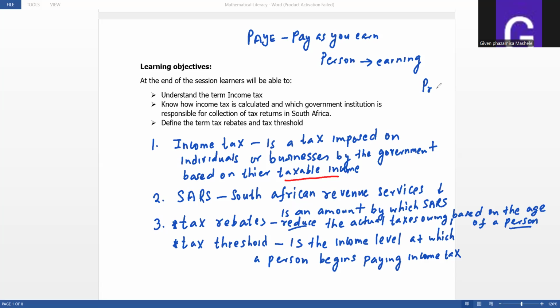It's called a primary rebate. We have a primary rebate, secondary rebate, which is actually based on the age range, and tertiary rebates.